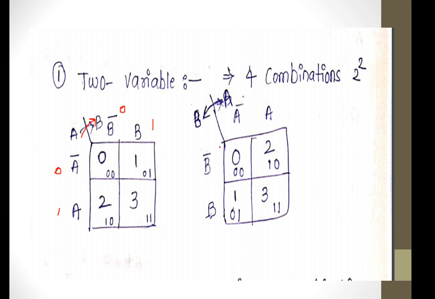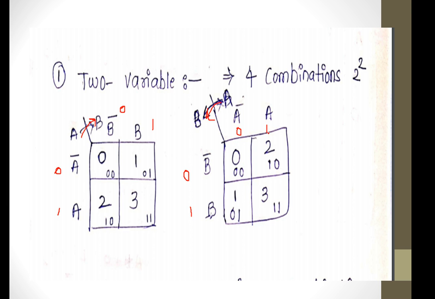I am taking one more arrangement of the same two variables, A and B. I am taking A here and B here. So B bar is 0 and B is 1, and A bar is 0 and A is 1. Taking from this side, the first combination 00 is 0.